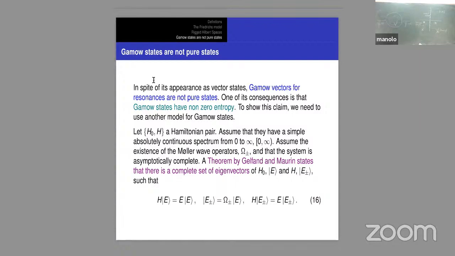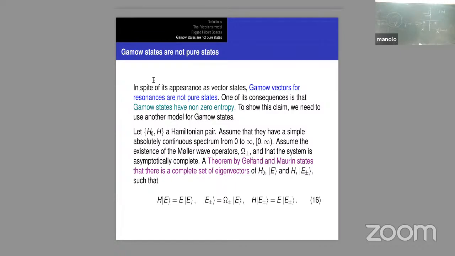You see, pure states in quantum statistical mechanics have zero entropy. The point is that entropy can be defined for a gamma state, which is after all something which represents a serious decay. And if gamma states were pure states, you would have to forget the possibility of defining thermodynamic variables on the decaying state.